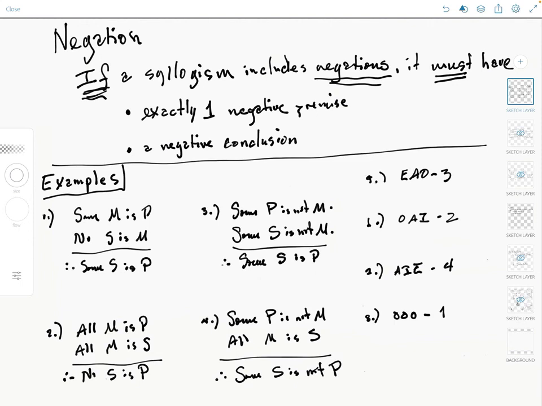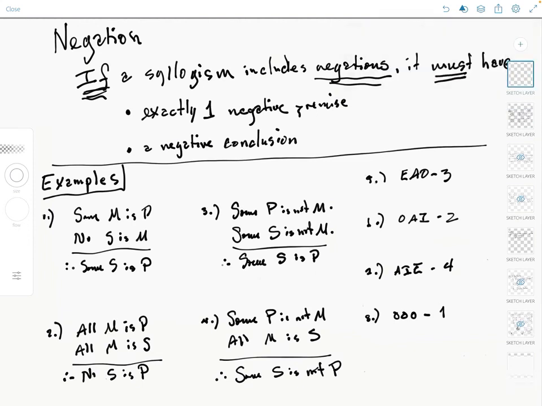So what fallacy would it be? This is the fallacy of drawing an affirmative conclusion from a negative premise. All right, so just to talk you through that, remember, exactly one negative premise, yes, it has exactly one, the minor, but it does not have a negative conclusion, so this is the fallacy of affirmative conclusion. All right, now let's look at number two. In number two, we have all M is P, all M is S, therefore no S is P. Does it trigger the rule?